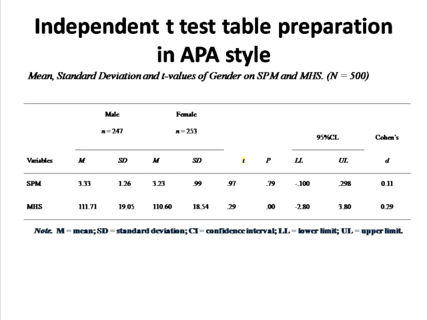I have explained this before. Mean and SD for one sample group, male, and for the female sample group, are given separately for the two variables, simple progress matrix and mental health status, along with T, P, upper and lower limits, and D. Cohen's D we calculate from an online, freely available calculator.